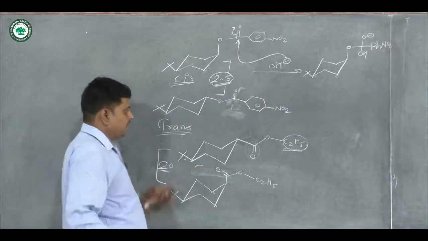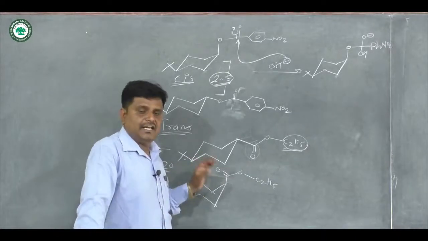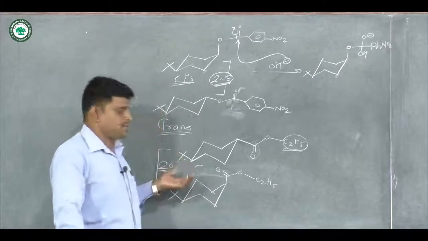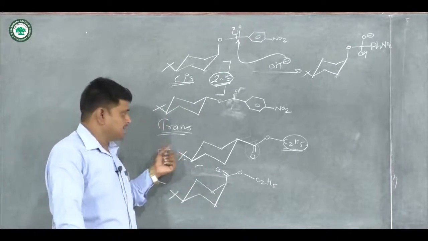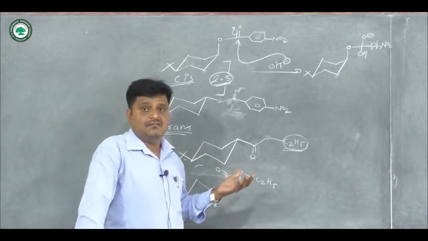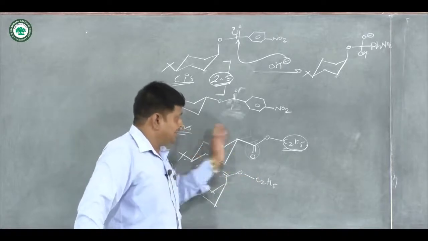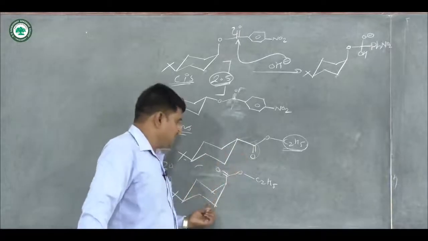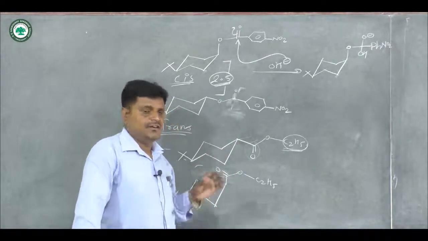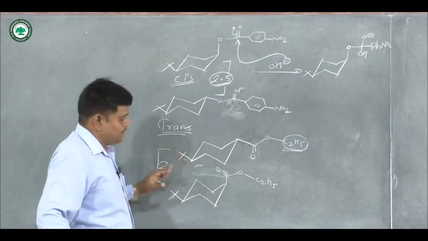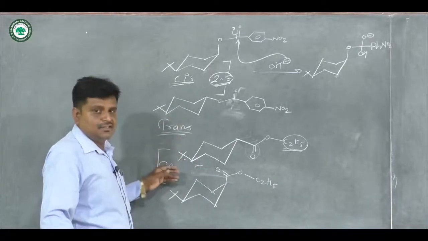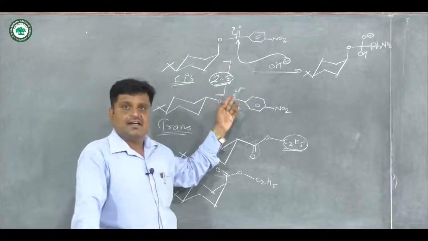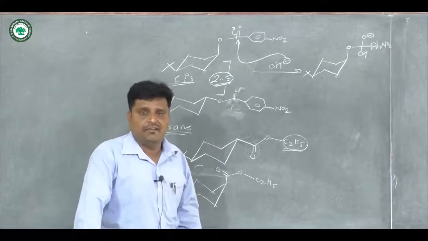The trans isomer is much faster here, while in the other case the difference is very small, only 2.5 times.